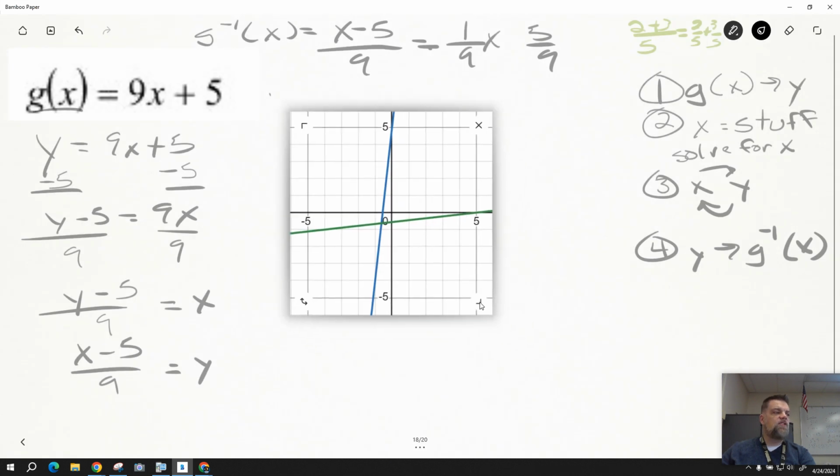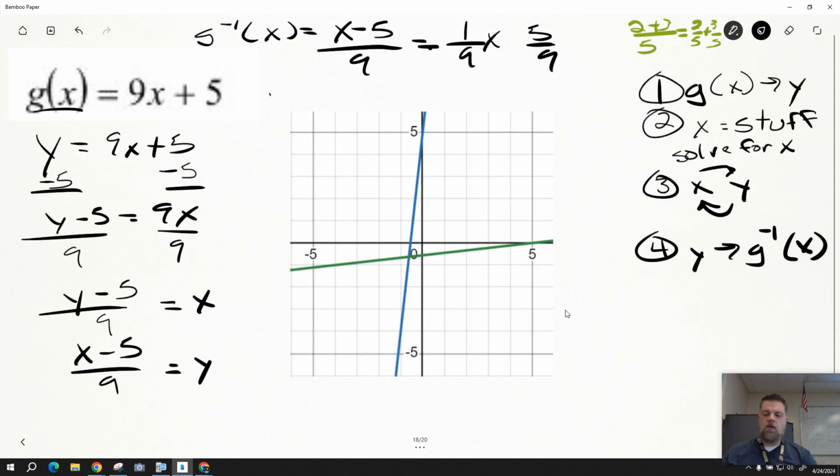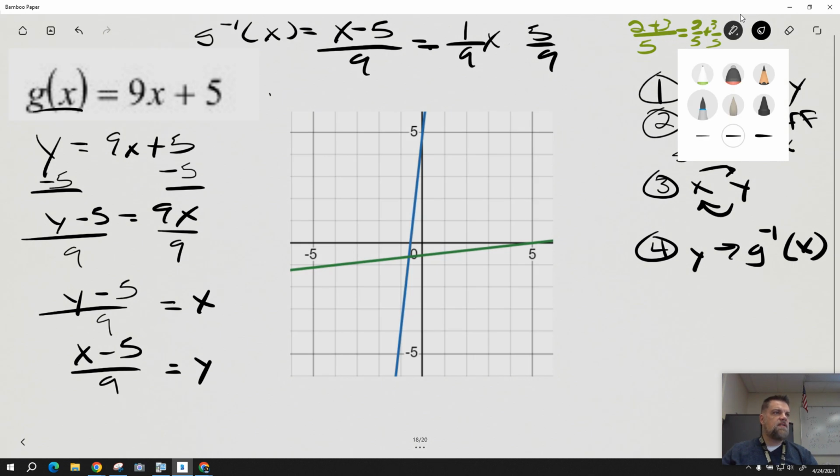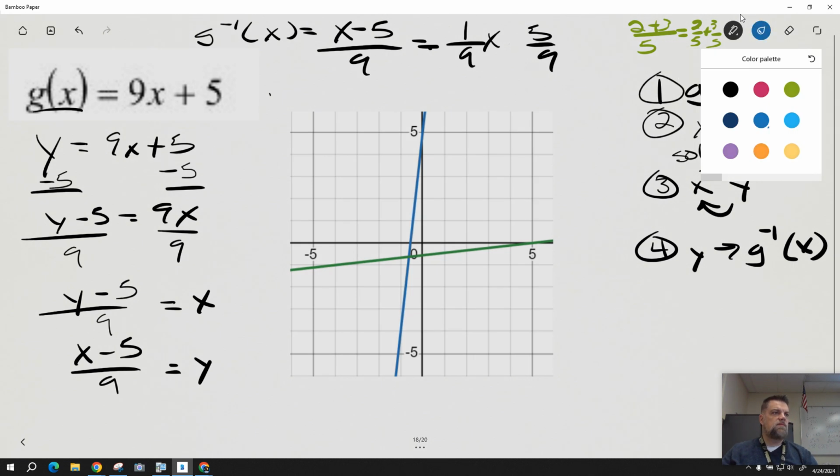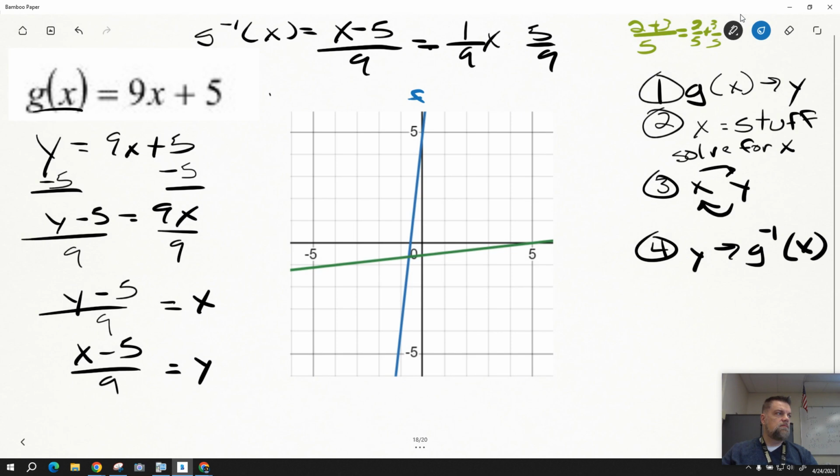You don't have to, but I'm going to sketch it in there. So this is your f of x, or in this case, I'm sorry, this would be g of x.